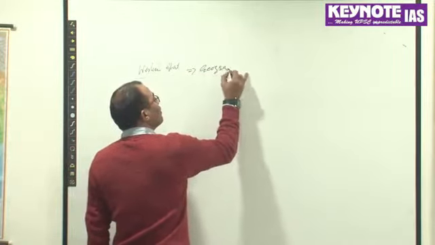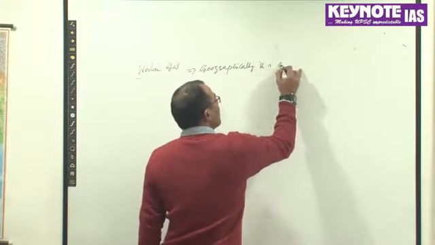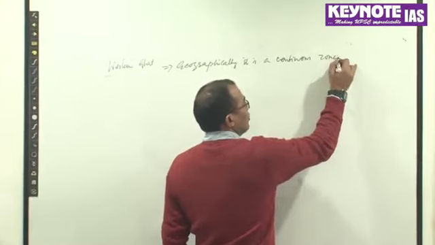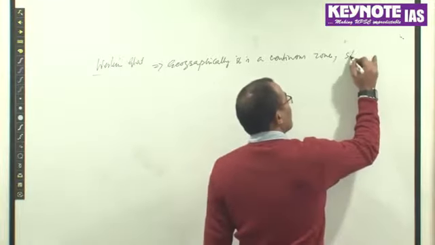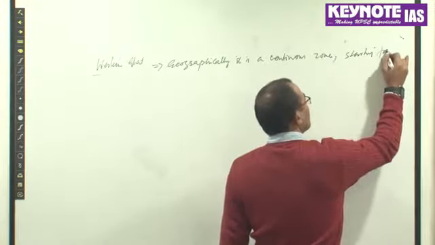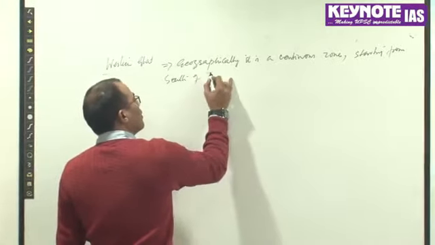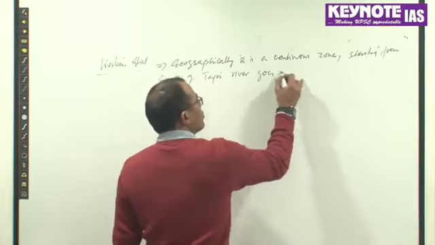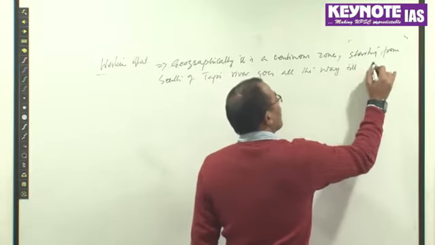Geographically, it is a continuous area, continuous zone. That means there is no discontinuity starting from south of Tapi river, goes all the way till Kanyakumari.